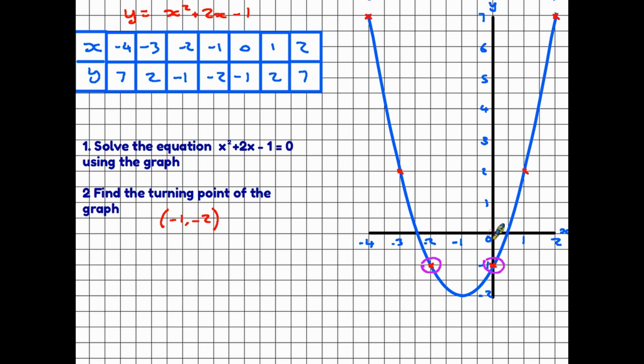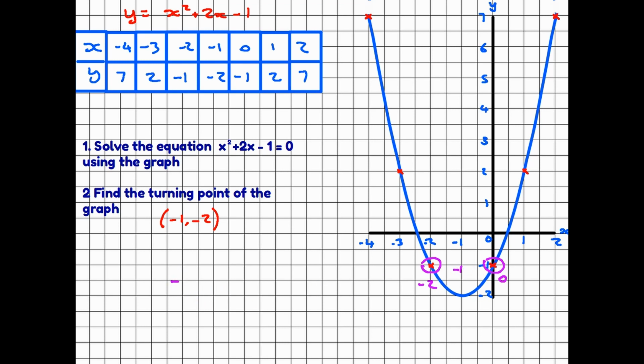If we look at their coordinates and look at the x coordinate, we find the x coordinate for this one is -2 and for this one is 0. The first thing we do then is find the middle point between these two. So the number in between 0 and -2 is -1.